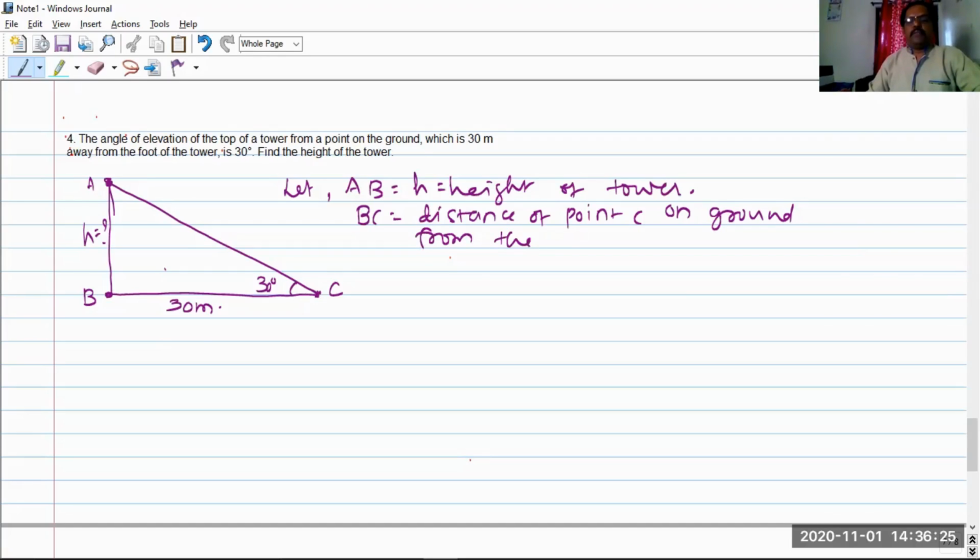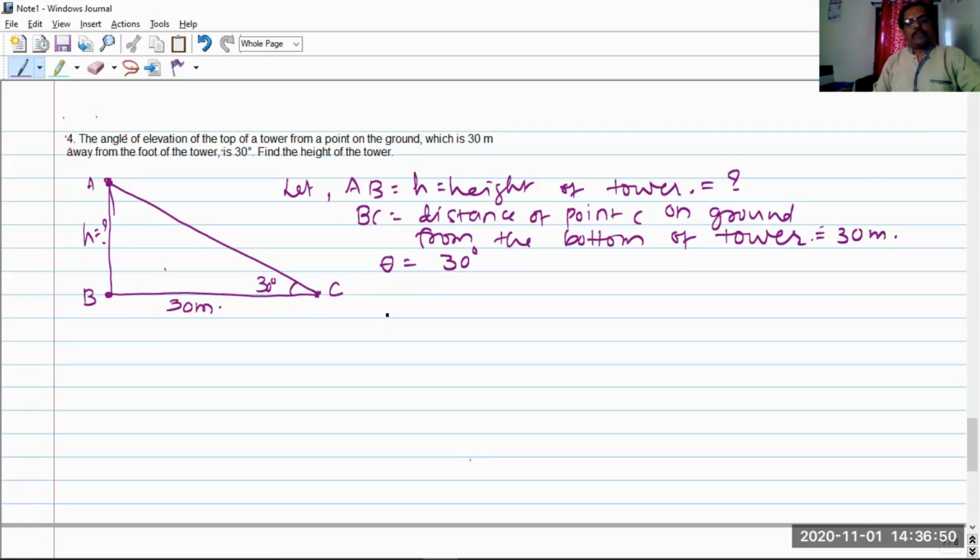This is given. Also you are given the angle of elevation theta. Angle C is equal to theta, which is 30 degrees. So we need to find the height of the tower. You are given the adjacent side BC equal to 30 meters. So we need to find this AB.